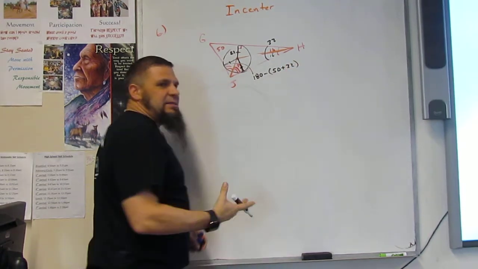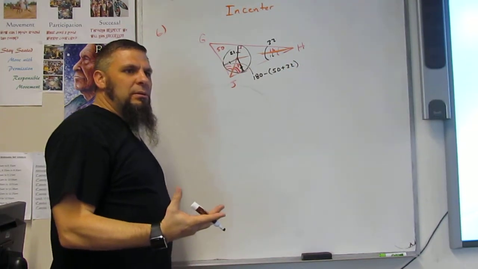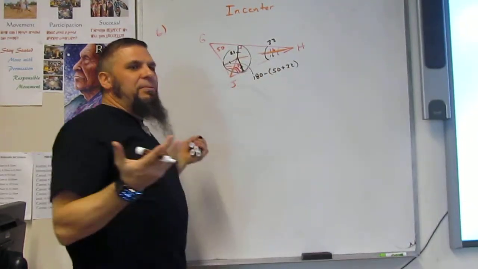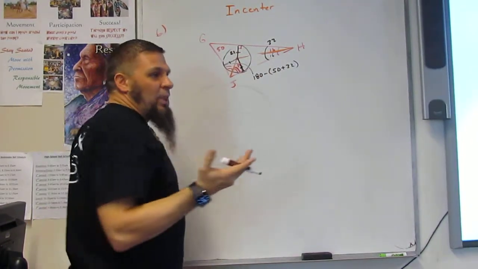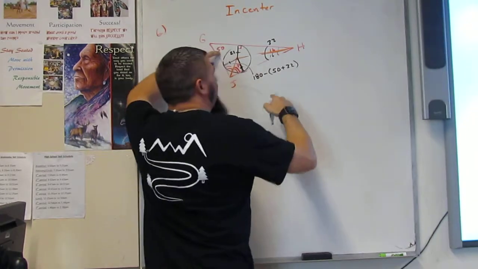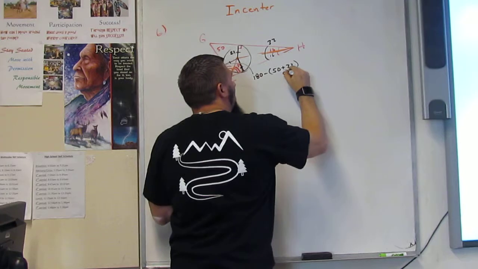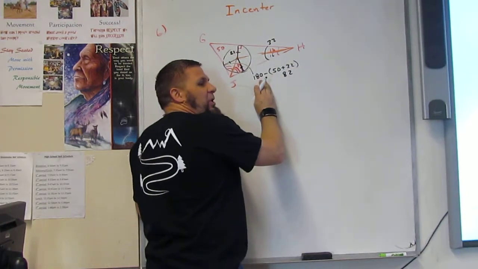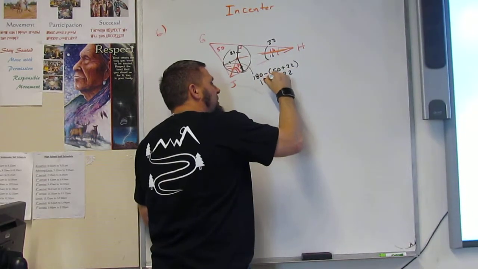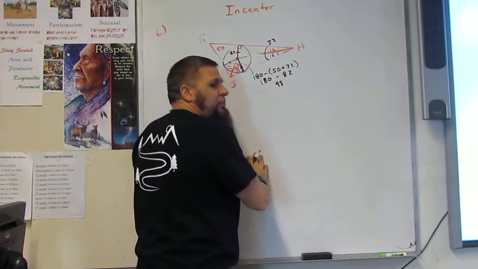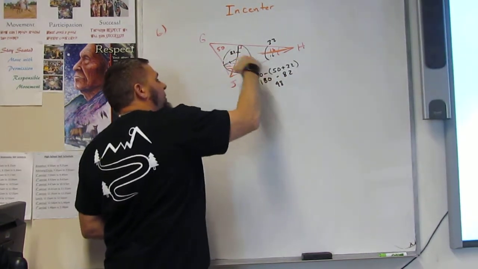Does that make sense? Hold on, where'd you get the 180 from? Just all three angles in the triangle add up to 180. And then we subtract 50 plus 32, or in this case, 82. When we subtract 82 from 180, how much do we get? 98. And so this big one is 98.